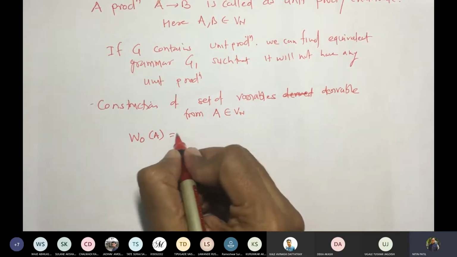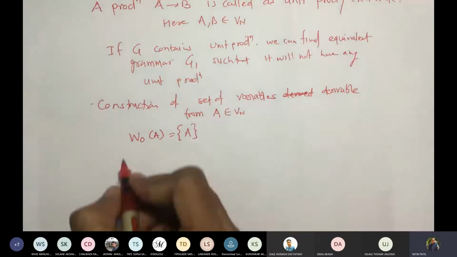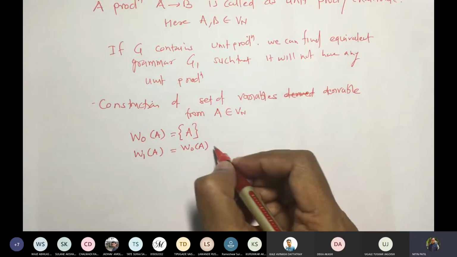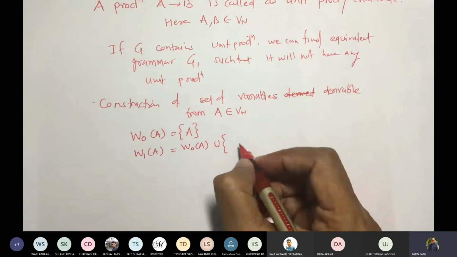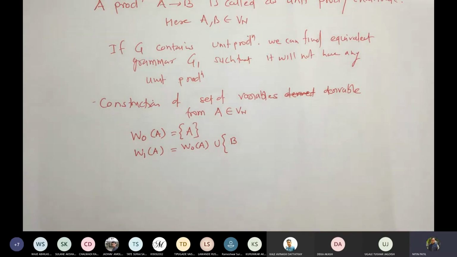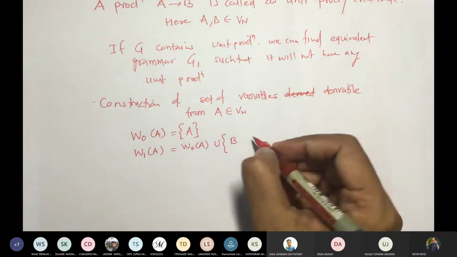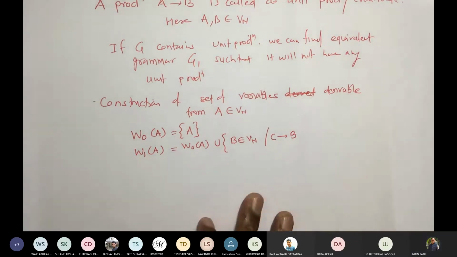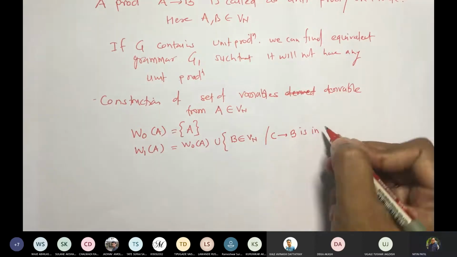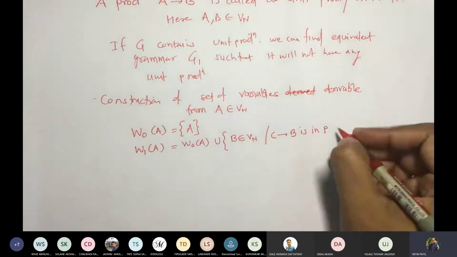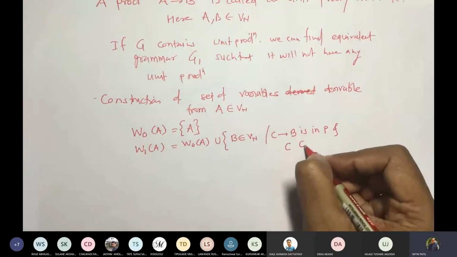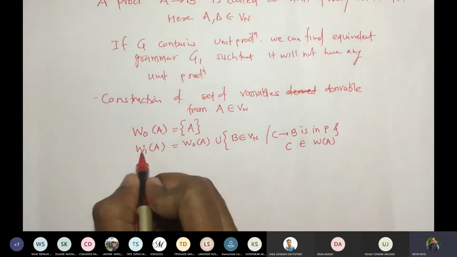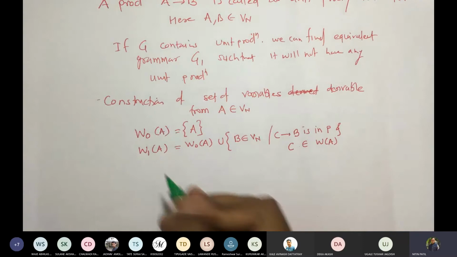For W0 of A, we will add A by default. Now W1 of A would be W0 of A union every variable B belonging to Vn such that there exists a production C gives B in P, and this C belongs to W0 of A. So I will replace this 0 by 1, and so on.